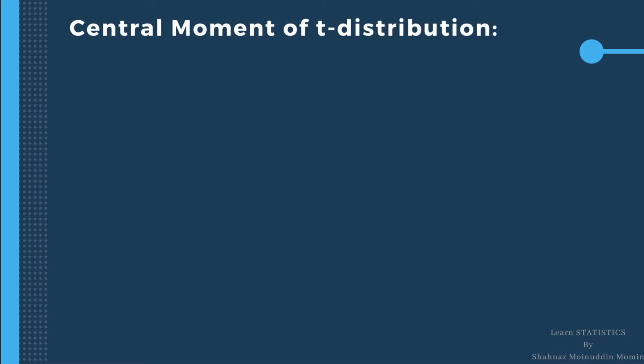Now consider the fourth relation between the raw moment and central moment, and it is mu4 equal to mu4 dash minus 4 mu3 dash mu1 dash plus 6 into mu2 dash mu1 dash square minus 3 mu1 dash raised to 4.